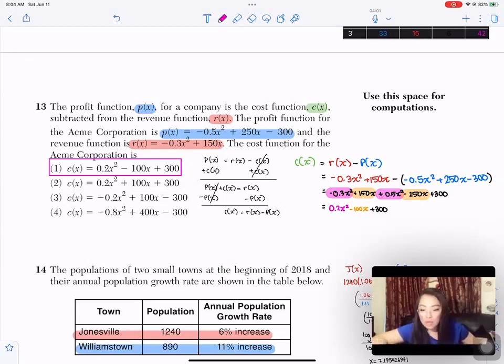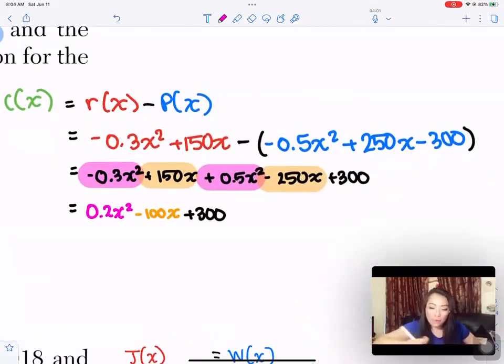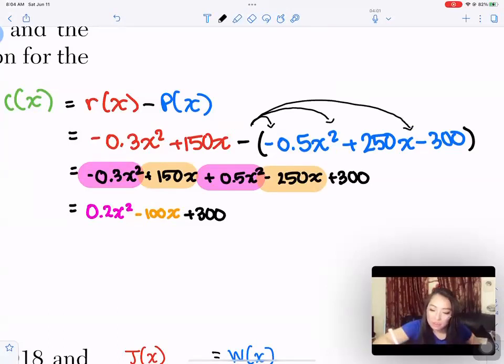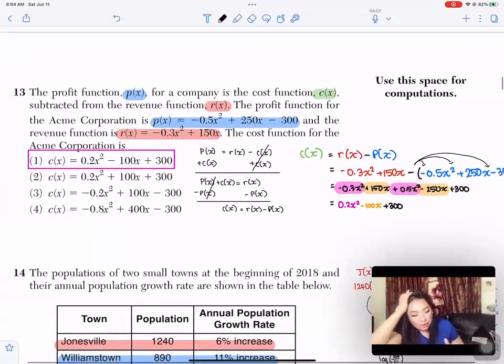Now, what makes this question difficult or easy to mess up is that a lot of students forget that when you subtract a second polynomial, you have to change all the signs. So the sign becomes 0.5x squared minus 250x and then plus 300. And then you combine your like terms and you should get a choice of 1.